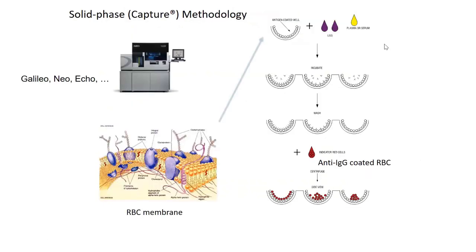The solid phase microtiter plate technology uses an antigen-coated well with low ionic strength saline in your patient's plasma or serum. There are indicator red cells that have Coombs reagent attached to them.